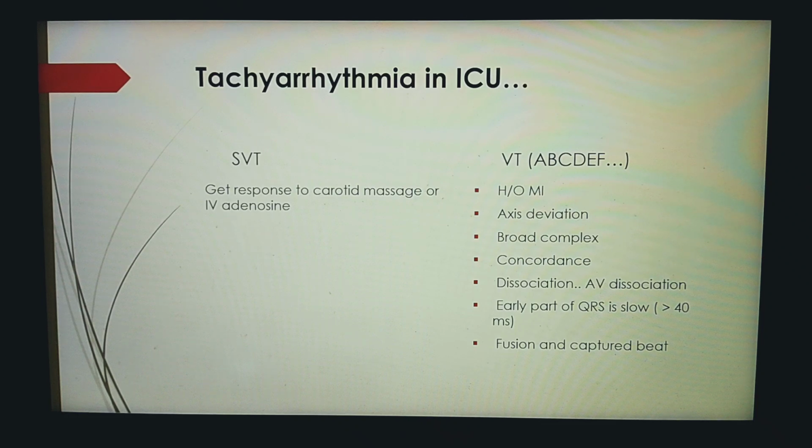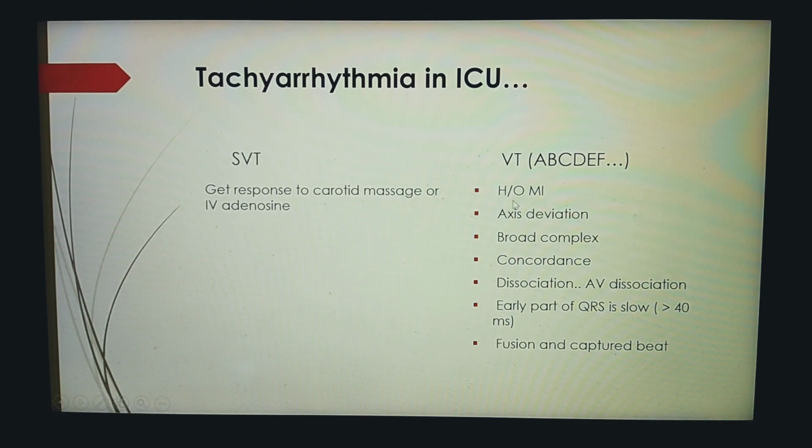But there may be some clues in the ECG that indicate ventricular tachycardia. We can easily remember them with the mnemonic A, B, C, D, E, F that I have taken from the Life in the Fast Lane website.